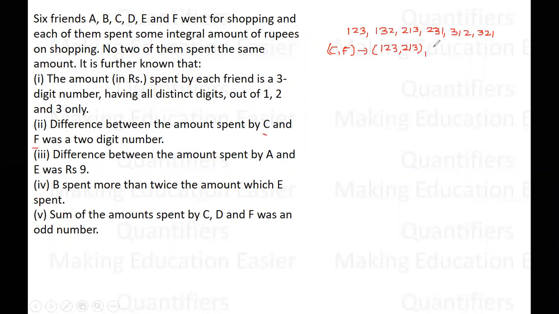It could also be 132 and 213, or 132 and 231, where the difference will be 99, right?